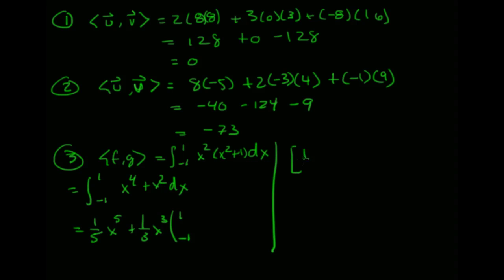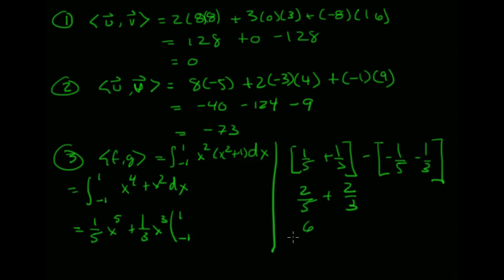That's going to be a 5th plus a 3rd minus negative a 5th minus a 3rd. So this is going to become 2/5 plus 2/3, which is 6/15 plus 10/15, which is 16/15.